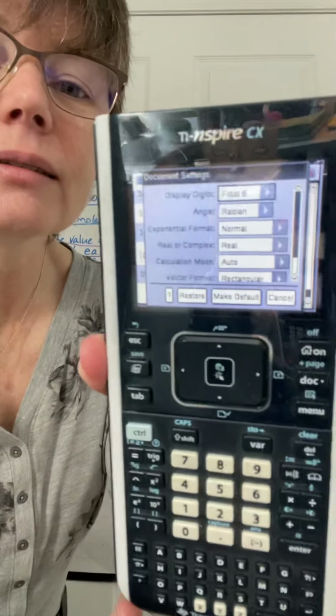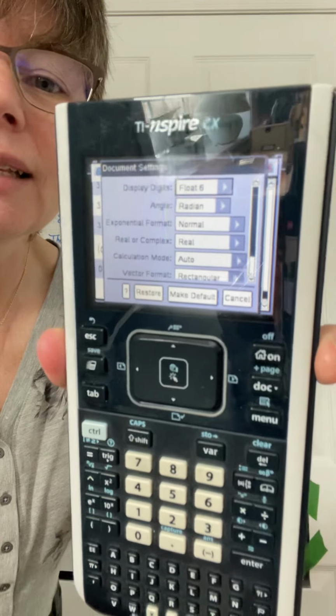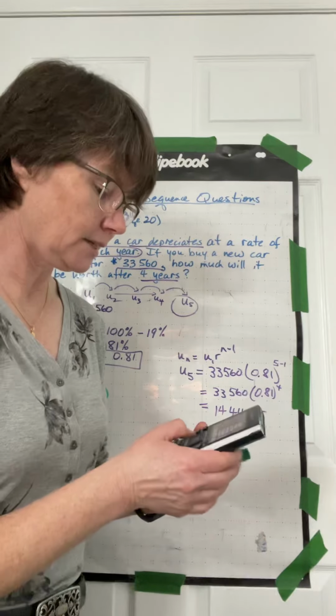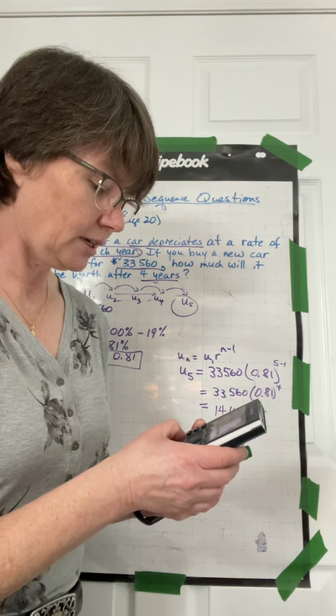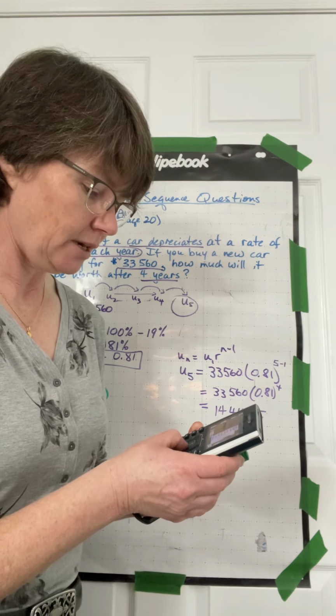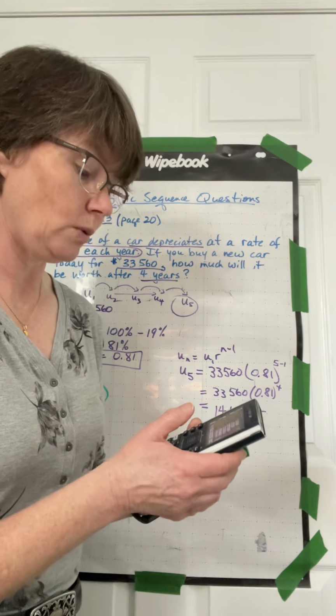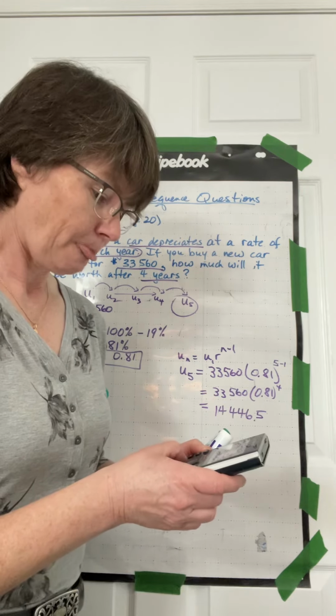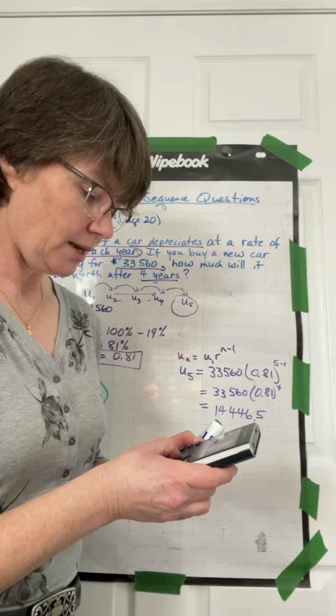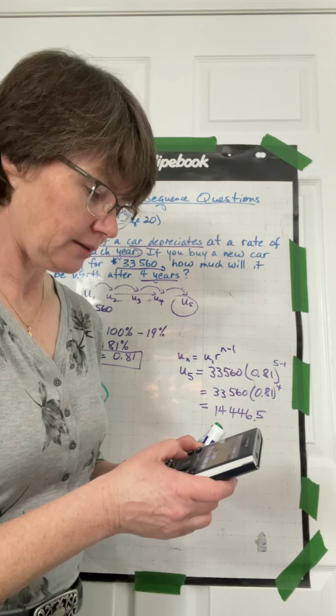So we get to this part, the very top line, digits displayed. It says float 6. You can click on that and you can put many more digits. So I'm going to change that to 12 instead. I'm going to go down and make this my default.